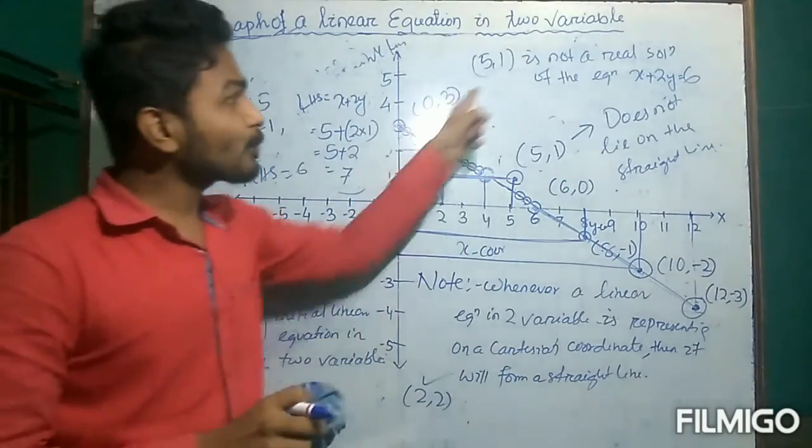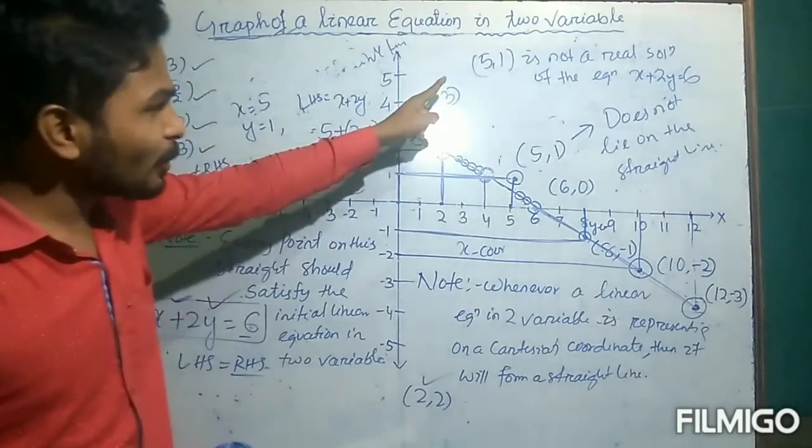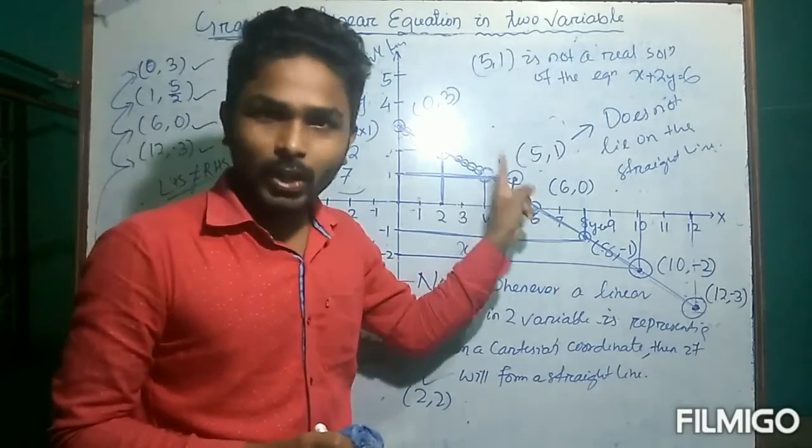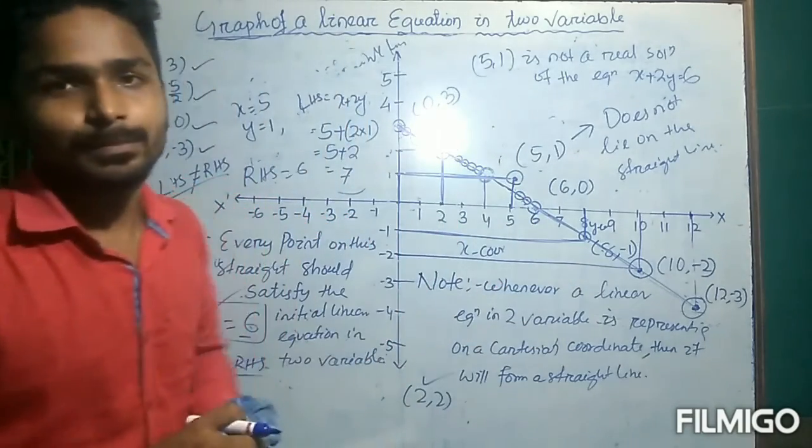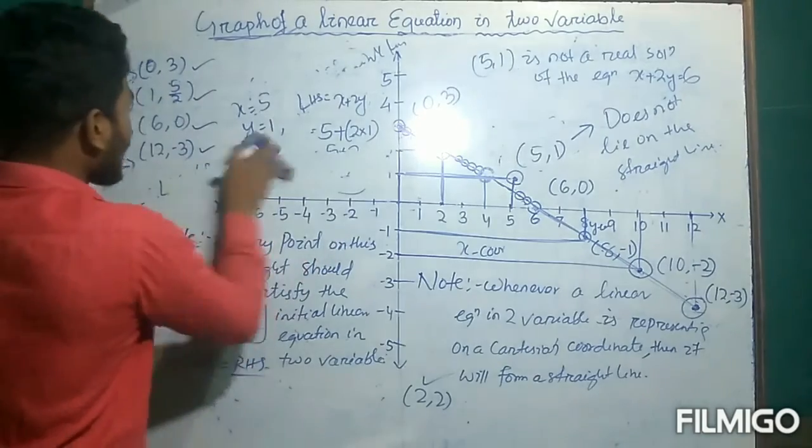So what do we conclude from this? We conclude that if a point does not lie on a straight line, then it will not satisfy the equation. This is the third note.